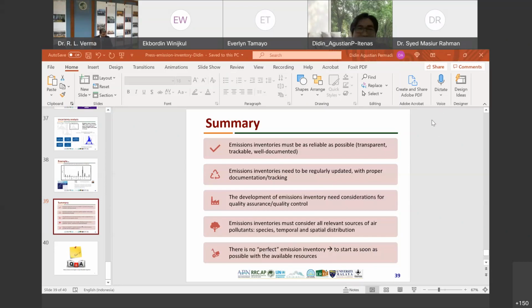Yes. So I think there are more emission factors available in this region, I believe. So then we can, or we need to, incorporate them in this ABCEIM.